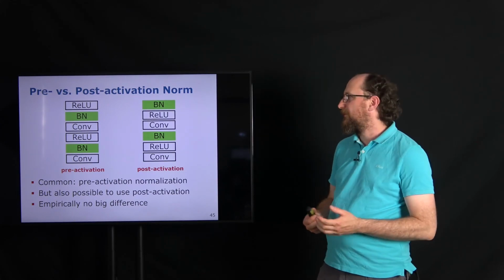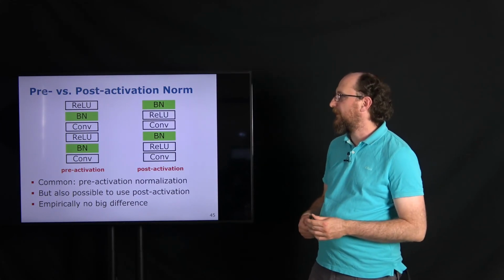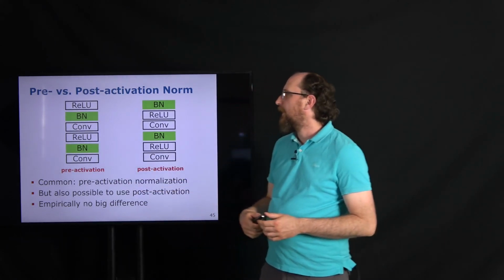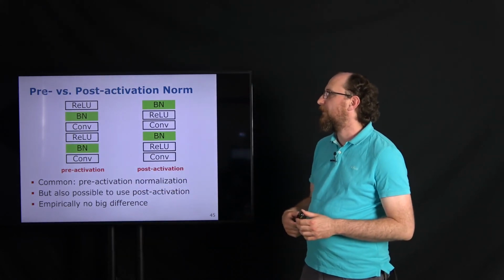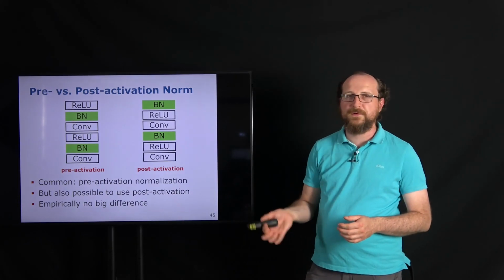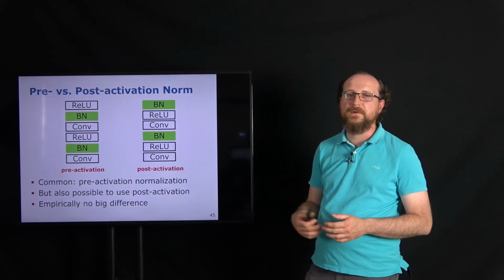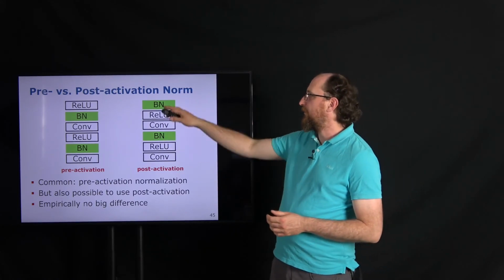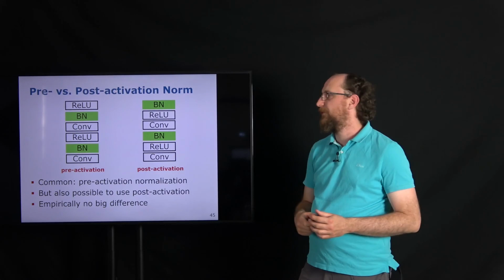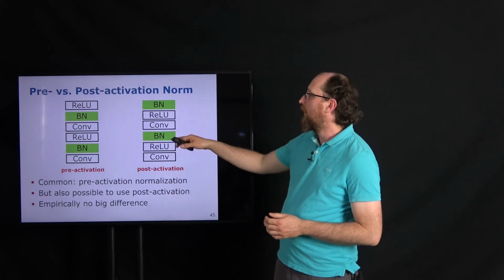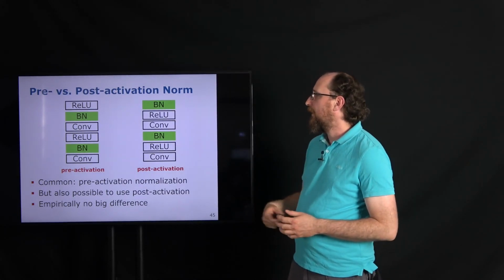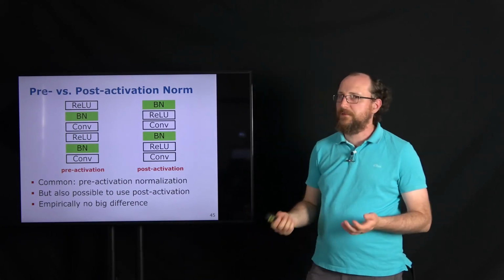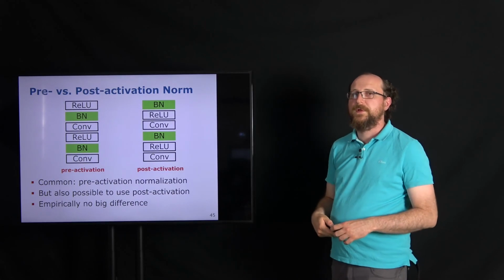Empirically, there's not so much difference, but what people usually use is the pre-activation, so that after the conv layer we do the normalization and then apply the ReLU or some other activation. But for different types of networks it might also be advantageous to do the normalization after the activation. This is something that one can try.